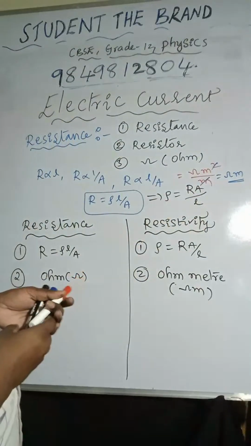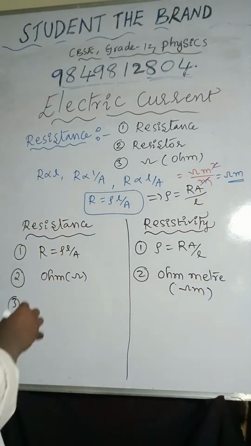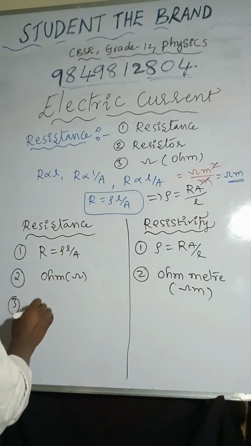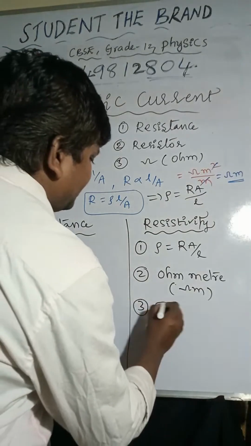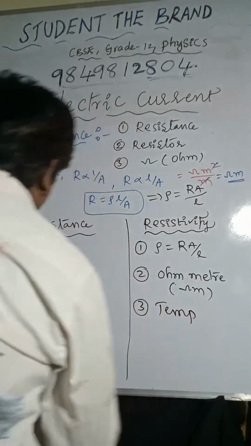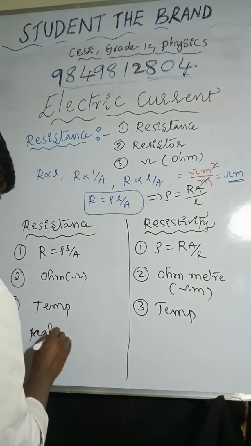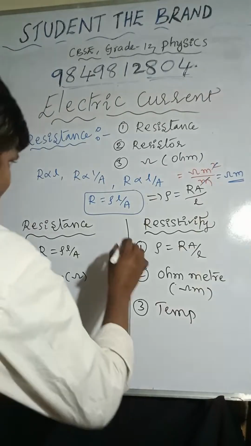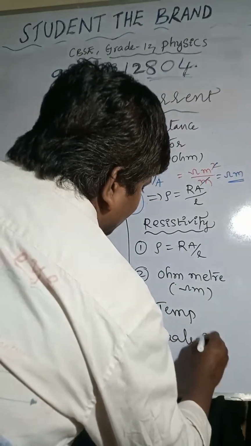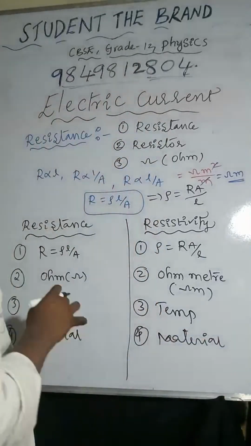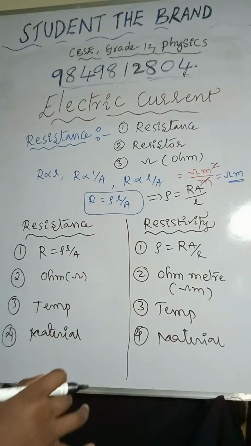Now, third one: resistance depends on temperature, and resistivity also depends on temperature. And coming to the fourth one, resistance depends on the material of the conductor, and resistivity depends on the material of the conductor. So here you need to understand one thing: identify the differences.